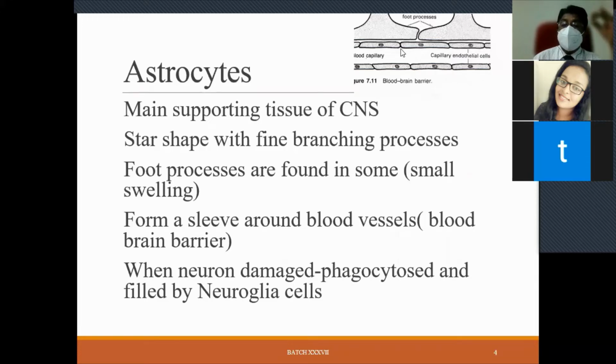So to prevent that, the astrocytes cover the capillary, and those substances that are supplied to the neurons should pass through the cell wall and also through the foot processes, so that it selects the substances that come out from the blood vessels.